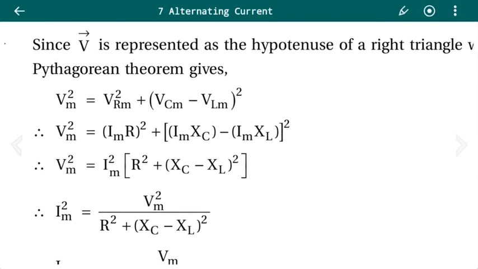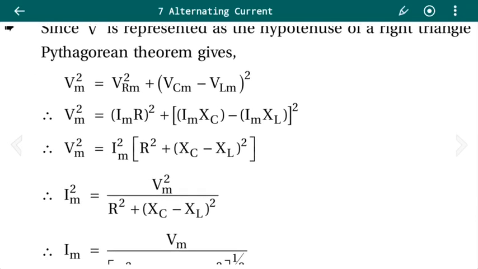Now substituting the formula, Vrm is nothing but Imr, so Imr whole square plus Vcm is nothing but Imxc and Vlm is nothing but Imxl. So substituting, taking Im square common, we get Vm square equals Im square into bracket R square plus Xc minus Xl whole square.